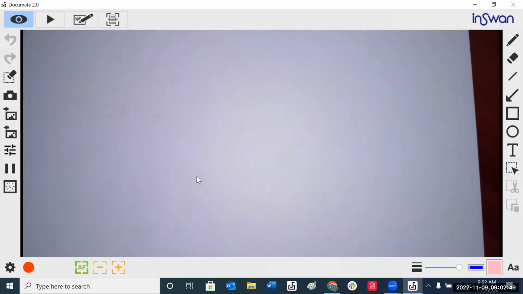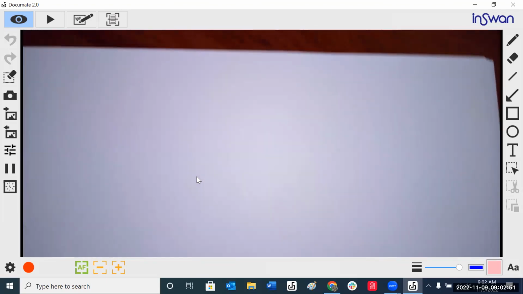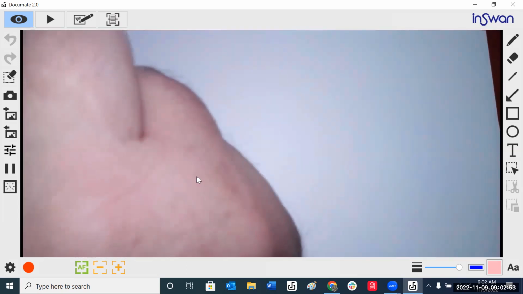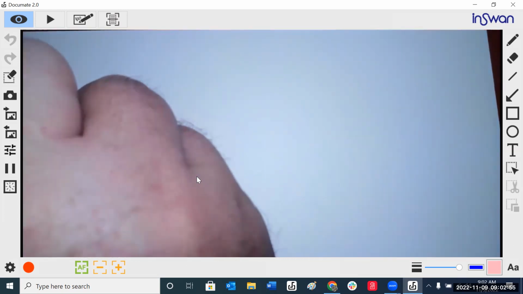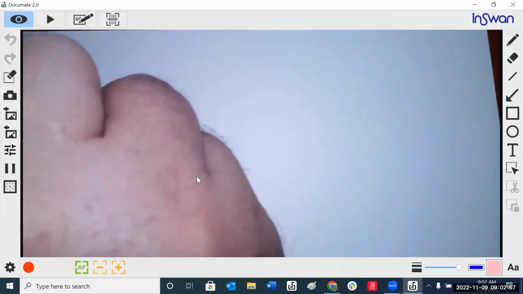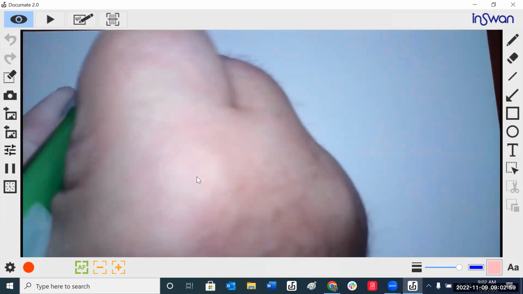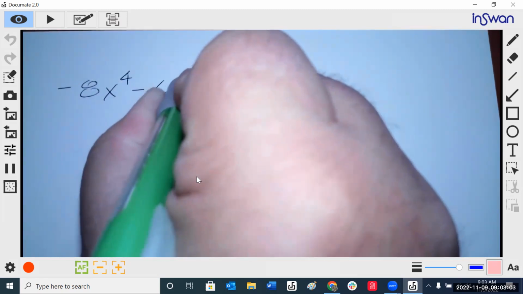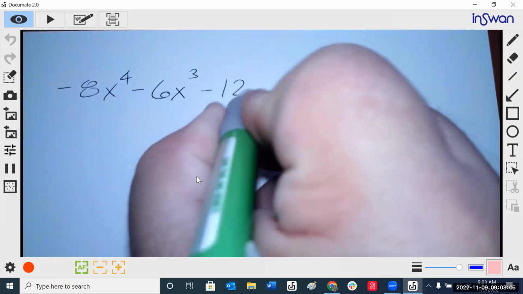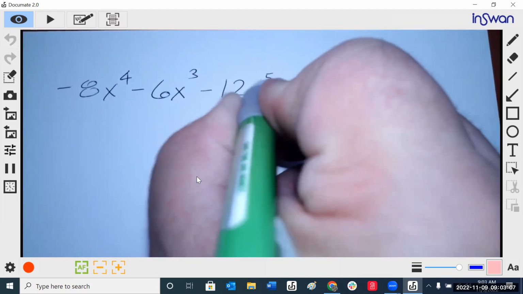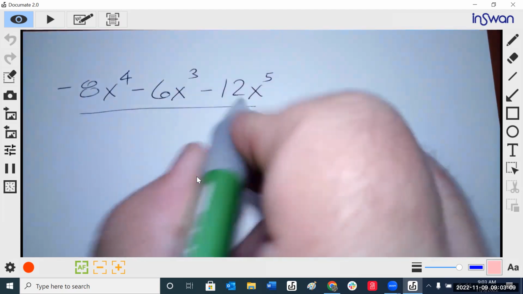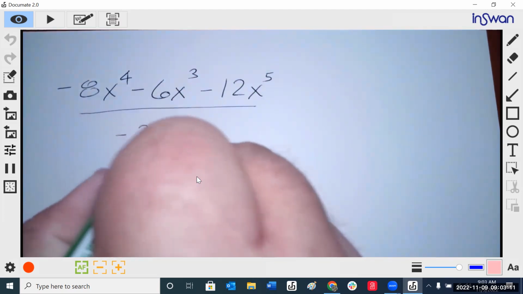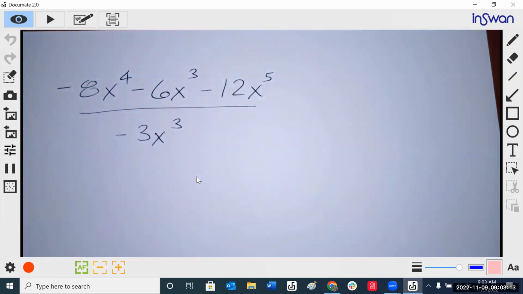Let's try negatives now. Negative x, 8x to the 4th minus 6x cubed minus 12x to the 5th, all over negative 3x cubed.